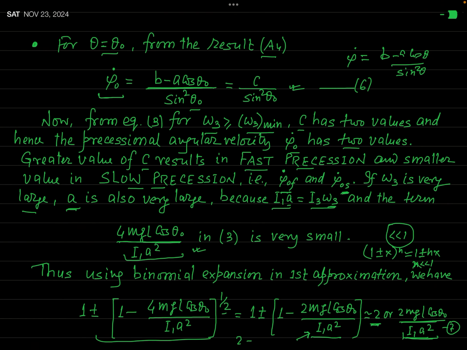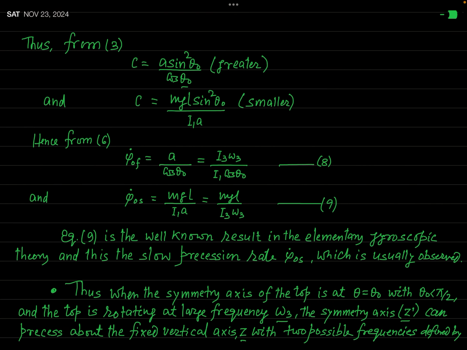So you can see I have written here the two values of C. This is the greater value when we have taken this expression equal to 2, and so C is equal to a sine square theta naught over cos theta naught. And when we take the smaller value of C, then this C is mgl sine square theta naught over I1a.